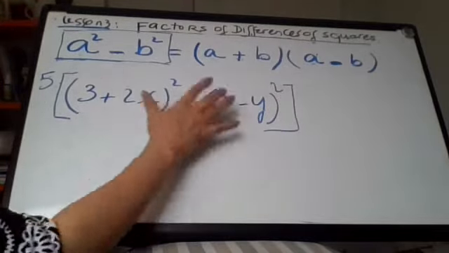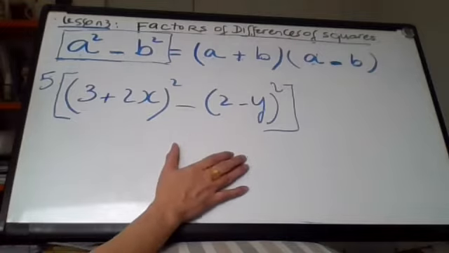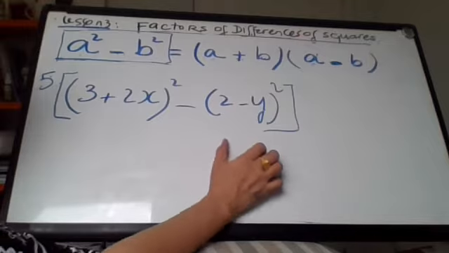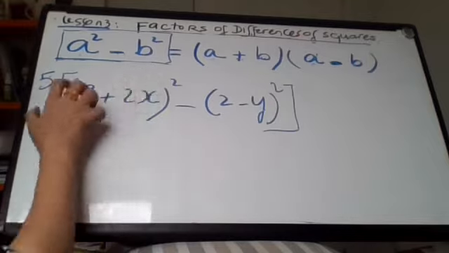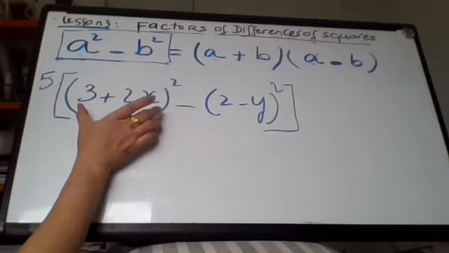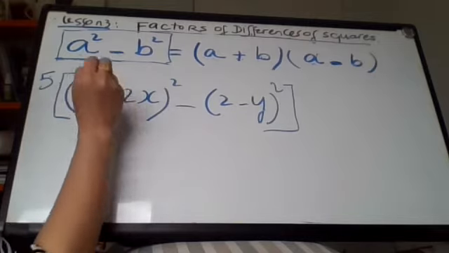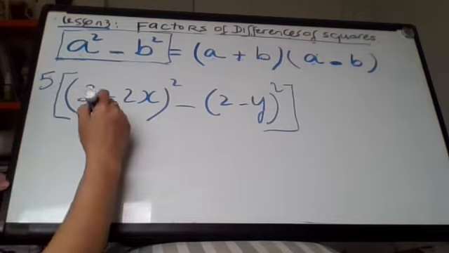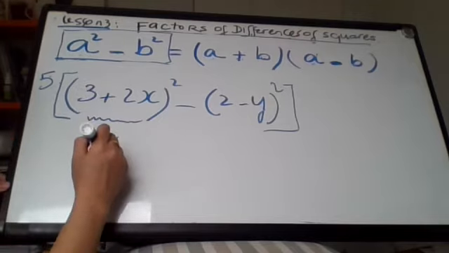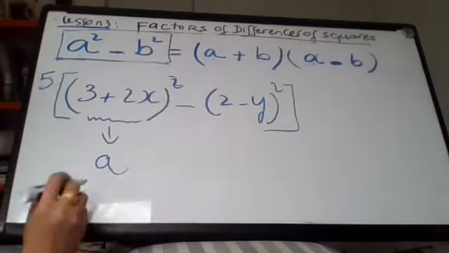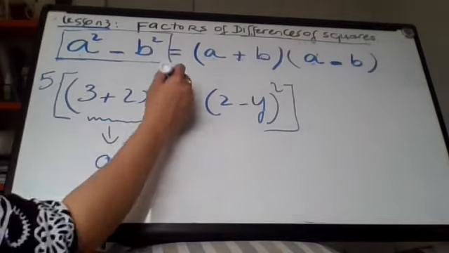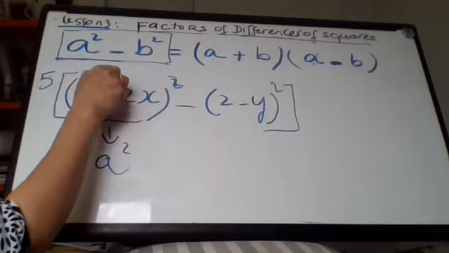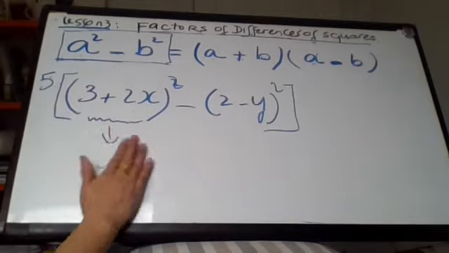Can you recognize this is our left side? Even though we have more expression, more numbers, more letters, let's take a look at it. If you treat the whole bracket here as one whole number, so 3 plus 2x here is your a, and you have squared outside. See that, right? Consider this as one number only. Don't break it down.